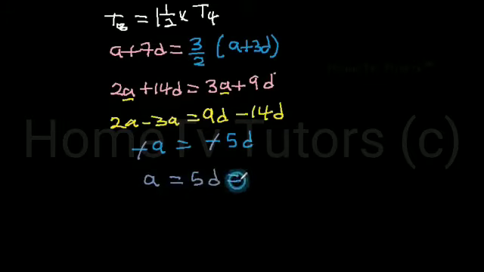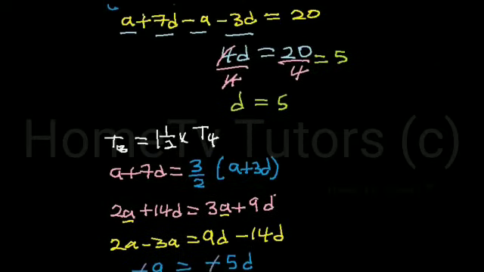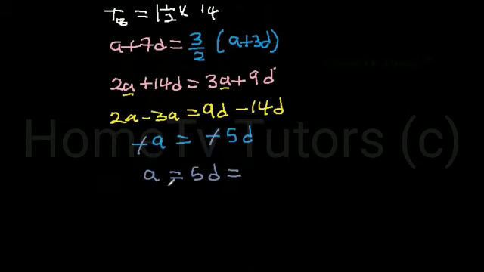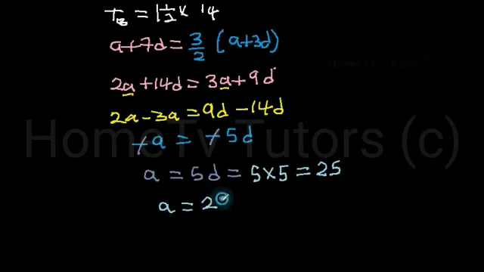And remember that we found the value for D, which is 5. So now we substitute that for D. We have 5 times 5, and that gives us 25. So the first term is equal to 25.